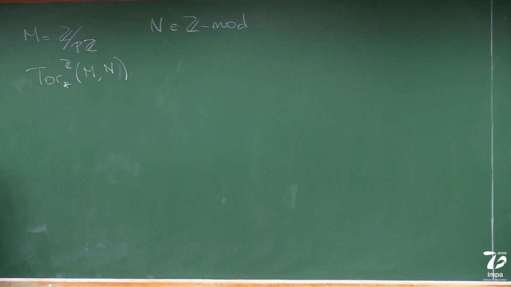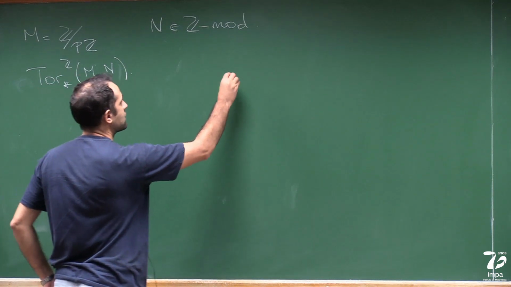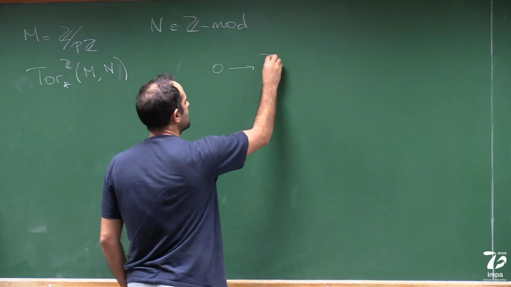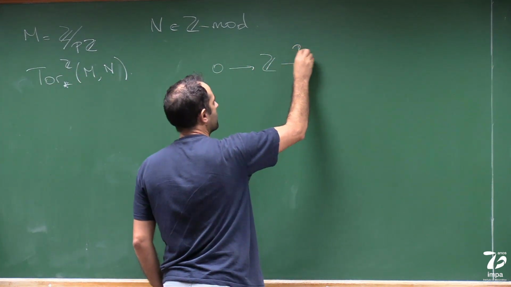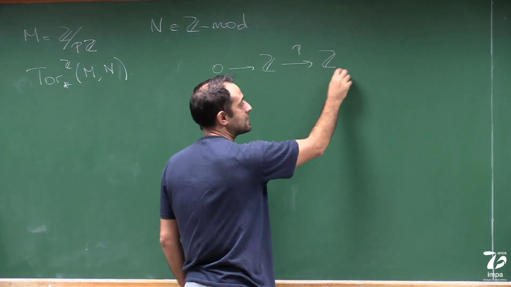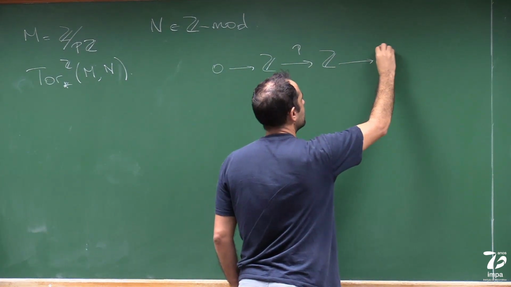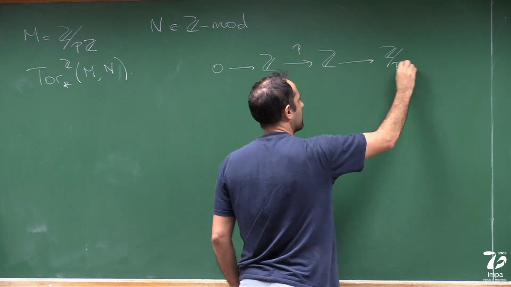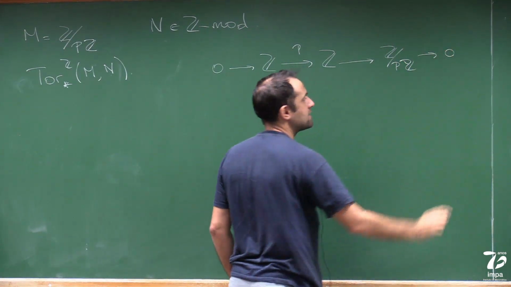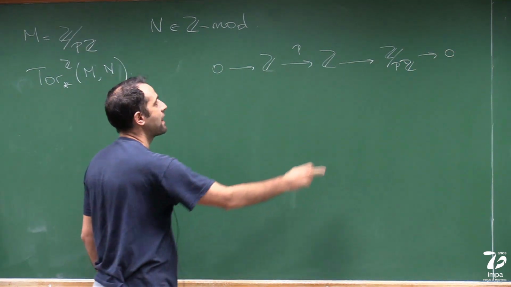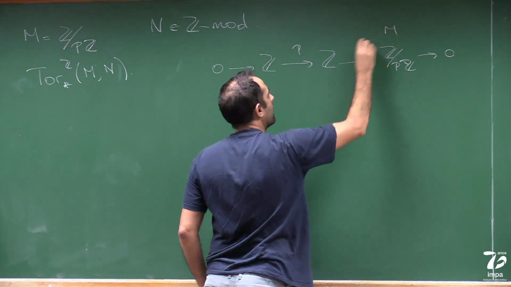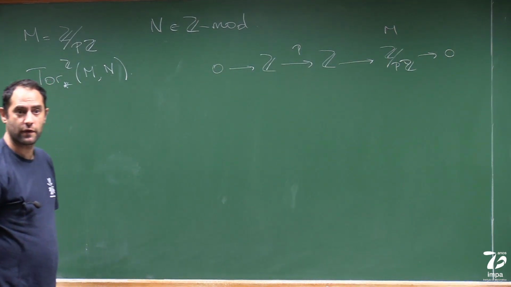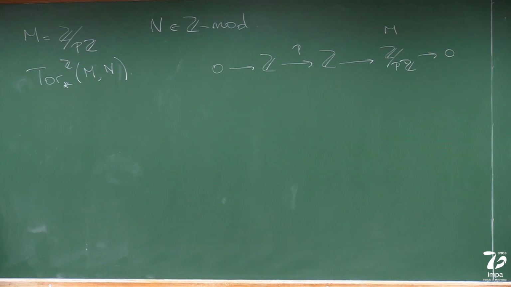I'm going to resolve M. And we have an obvious projective resolution of M, which is given as follows. Z over itself is free, therefore it's projective. And this sequence is exact. This is my M. And this is a free resolution of M, therefore that's a projective resolution of M.